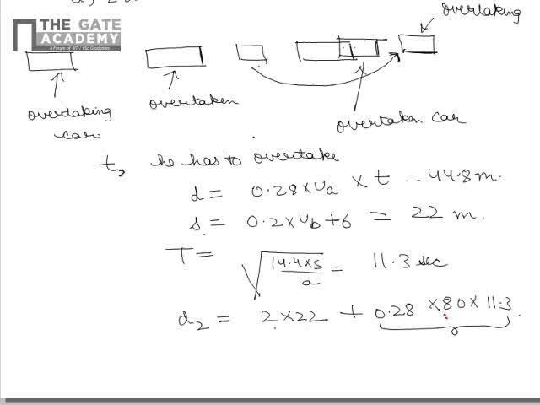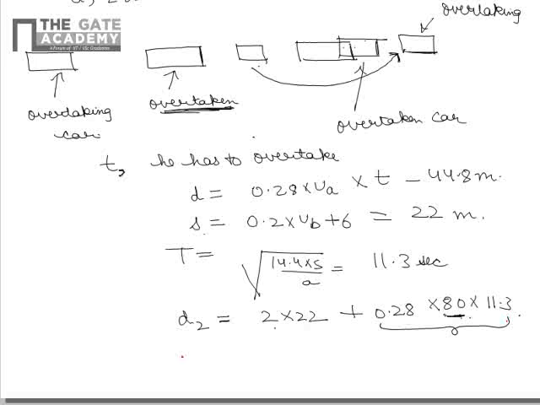So 80 is the speed of the overtaken vehicle, because before completing the overtaking operation, the driver who has to overtake has to come to the speed of this overtaken vehicle, only then he can overtake that vehicle. So d2 is 0.28 into 80 into 11.3.